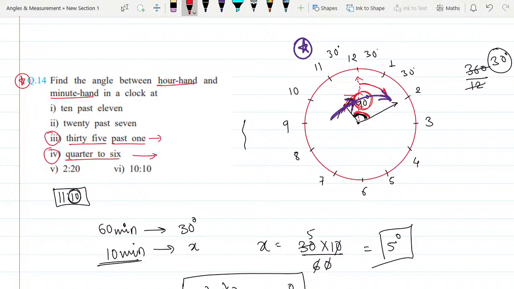35 past 1 मतलब yes, it's 1:35. Cool. Okay, quarter to 6 means what? 6 quarter करोगे क्या? नहीं, quarter to 6 means how much?